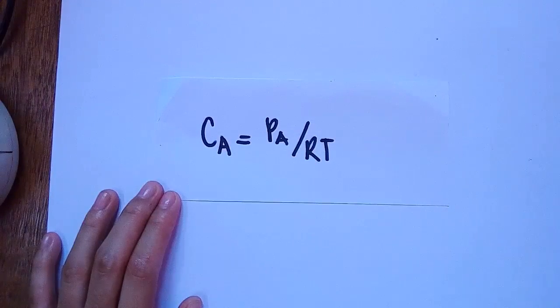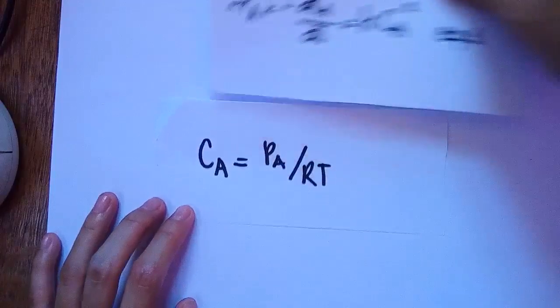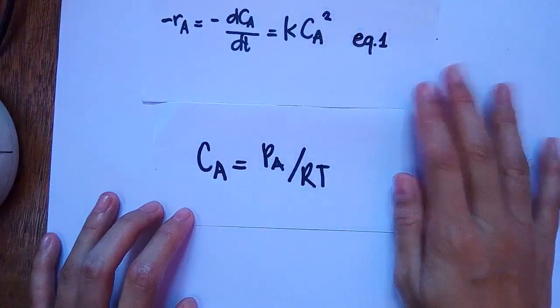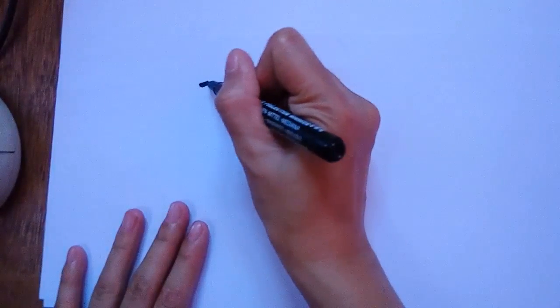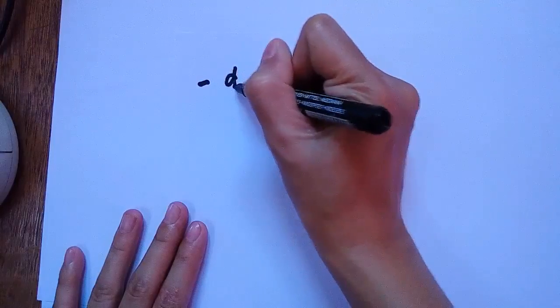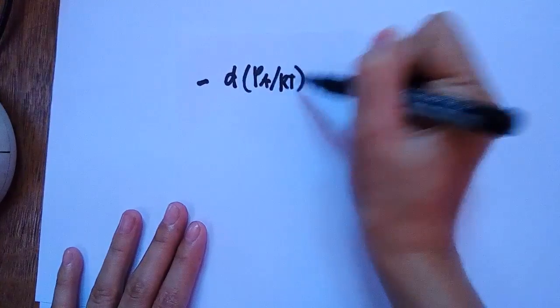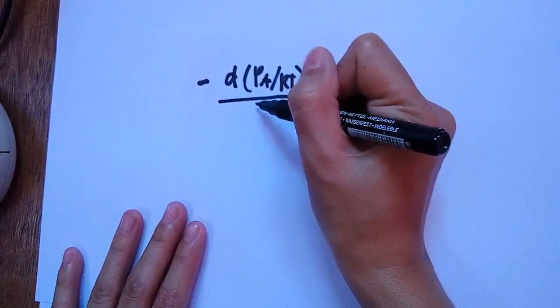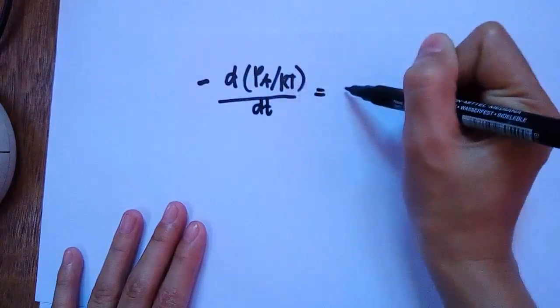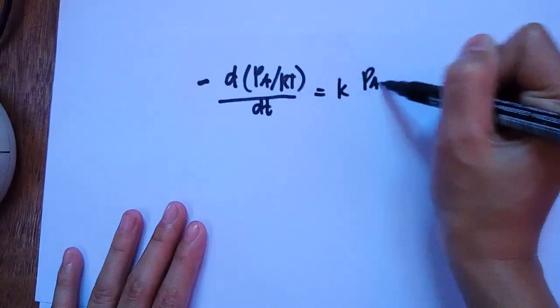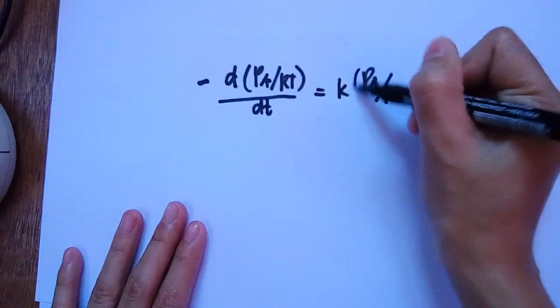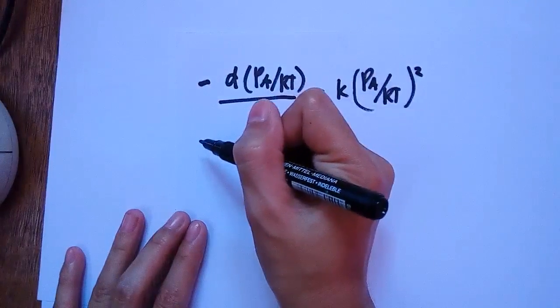Now we substitute this into our equation 1, so we'll have negative d of PA over RT, all over dt, equals k times PA over RT squared.